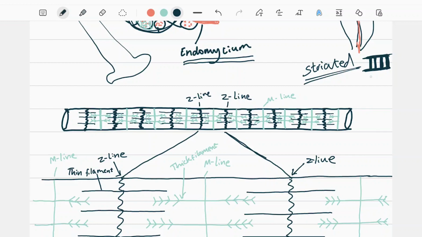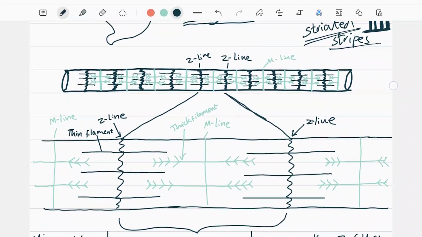So in some areas you get more light passing through, in some areas light doesn't pass through so well, based on the direction you look at the crystal also. So this is what's happening in your muscle fiber. You have these striations, these stripes, because of the way that the muscle fiber's proteins are all organized.